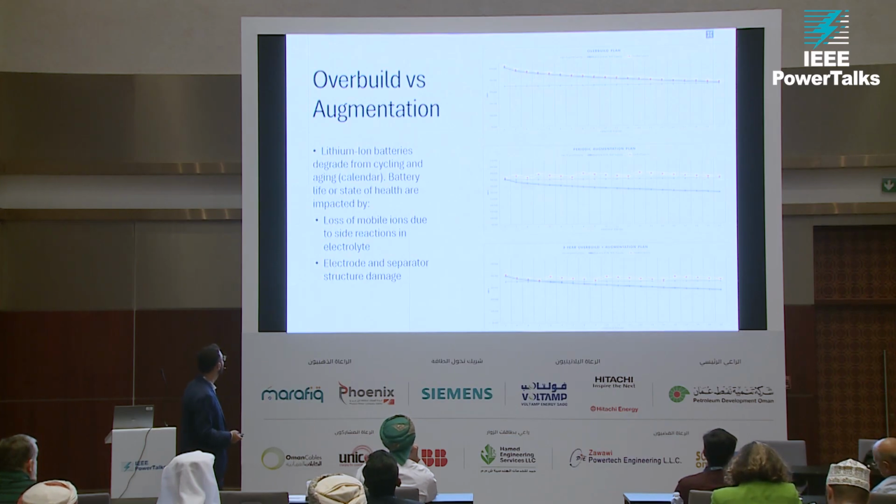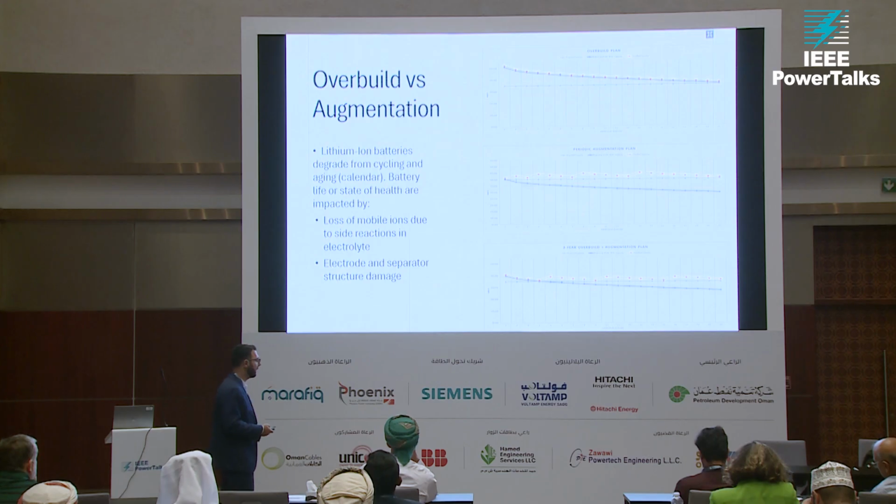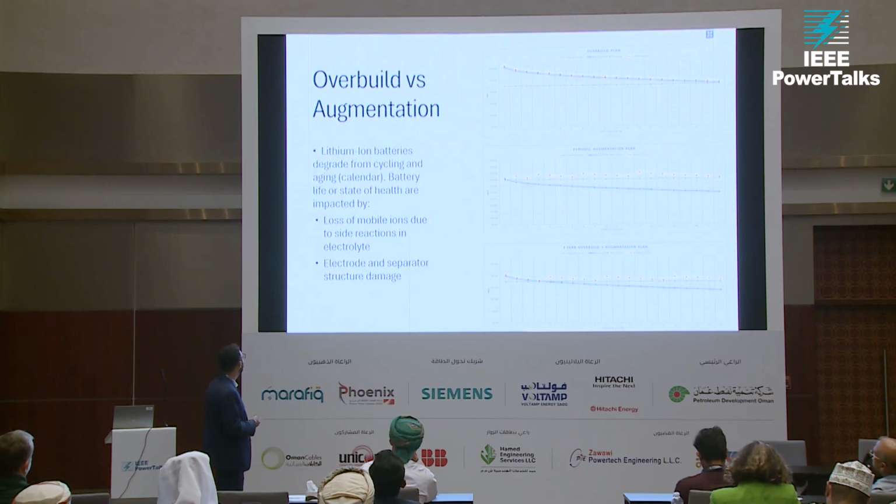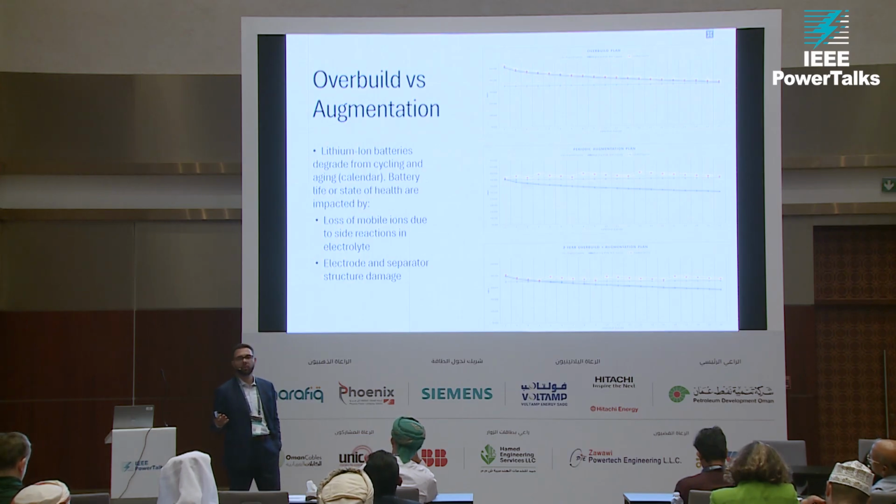Okay. And then we've seen a hybrid model where you overbuild for the initial few years and then you go through much lower augmentation cycles. So as I said, it comes in all shapes and sizes here. But fundamentally, I guess maybe some of you think about, okay, why is it degrading in the first place?